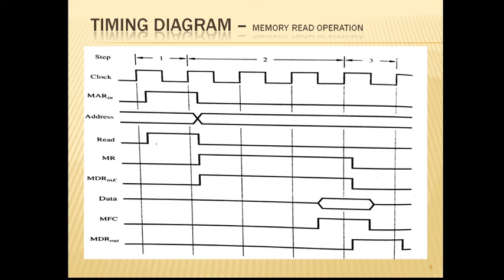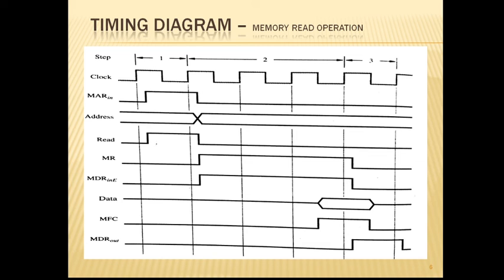This WMFC is a control signal that causes the processor control circuitry to wait for the arrival of the MFC signal. Once the read operation is completed, the MFC signal is generated.